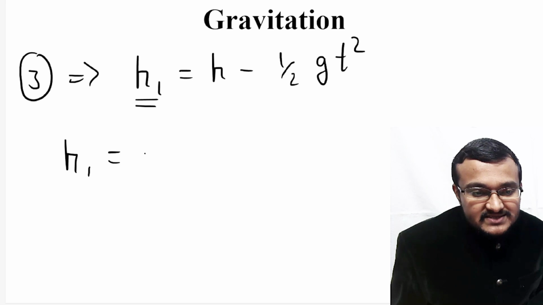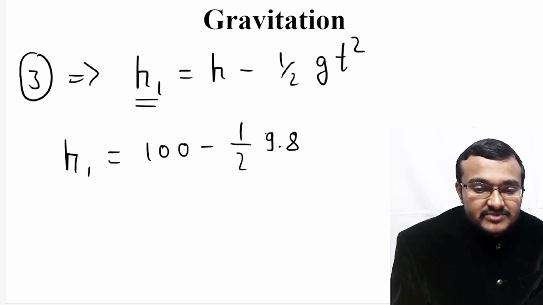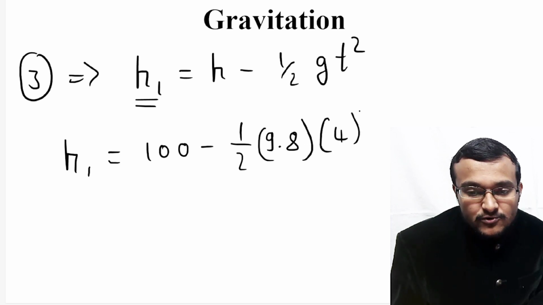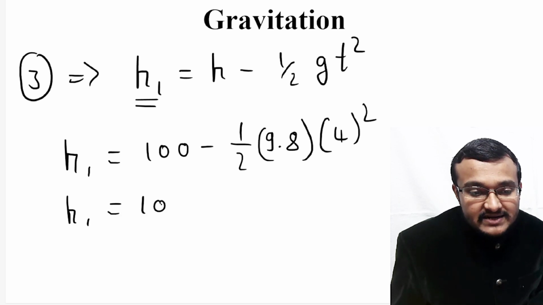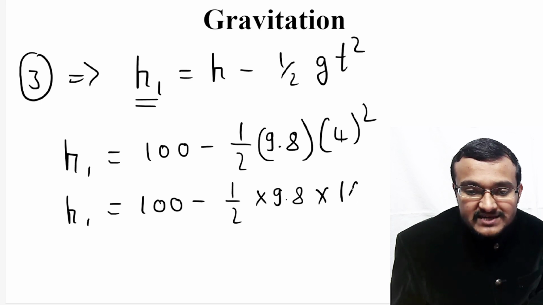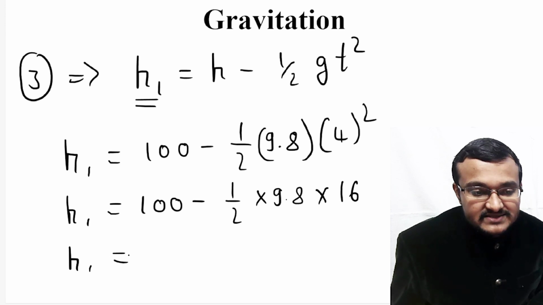So h1 is equal to h is 100 meter, 100 minus half, g is 9.8 meter per second square, into t is 4 seconds, so 4 square will be there. So h1 is equal to 100 minus 1 by 2 into 9.8 into 4 squared, 4s are 16.